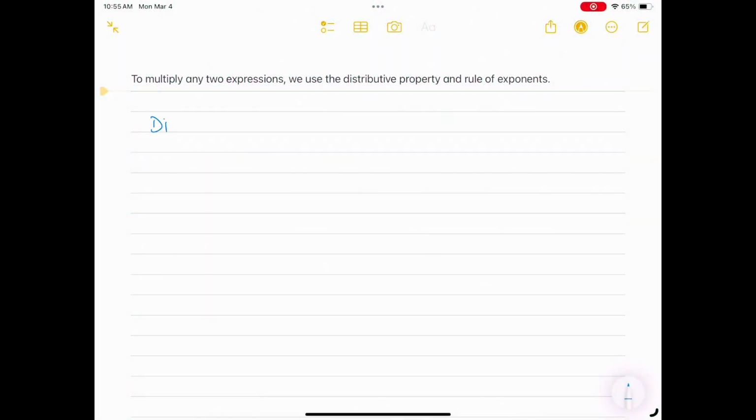To multiply any two expressions, we use the distributive property and rule of exponents. So the distributive property is characterized by this formula: a times open parenthesis b plus c close parenthesis equals a times b plus a times c.